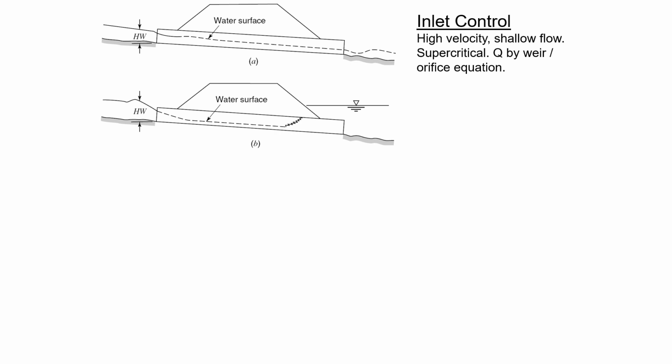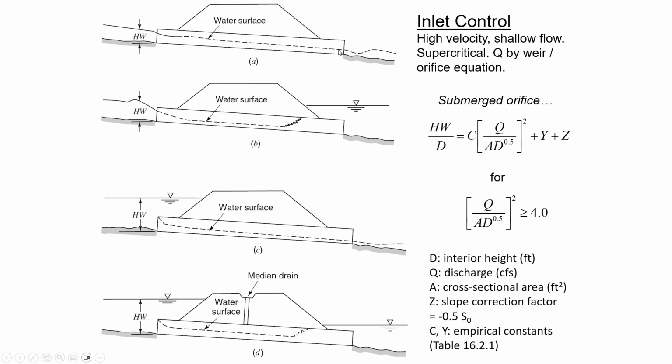So if the water is pooling really high above this opening in the culvert, then you're basically doing the orifice equation to find out how quickly the water can get through there. So inlet controlled just is associated with maybe you've got a tall headwater and water can't get into the pipe at the same rate that the pipe is carrying the flow.